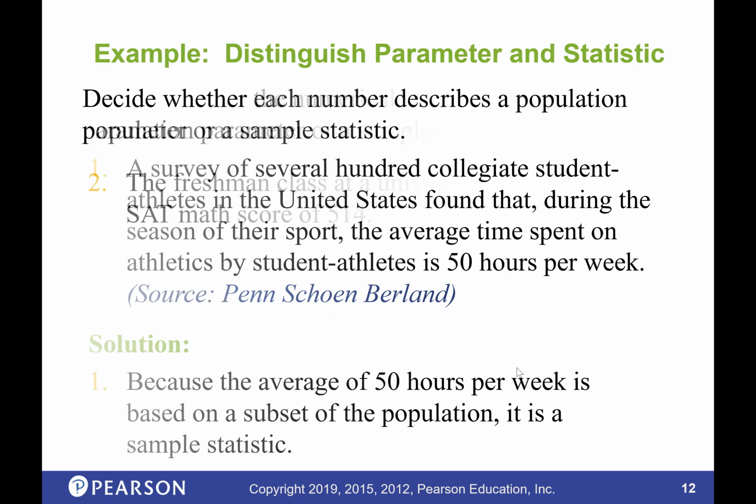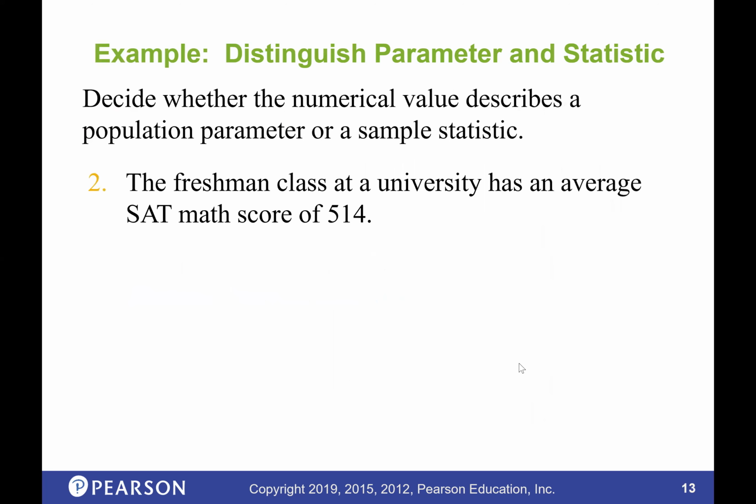Okay, one more. How about this one? Decide whether the numerical value, whatever that number is, is describing a population or a sample. The freshman class at a university has an average SAT math score of 514.